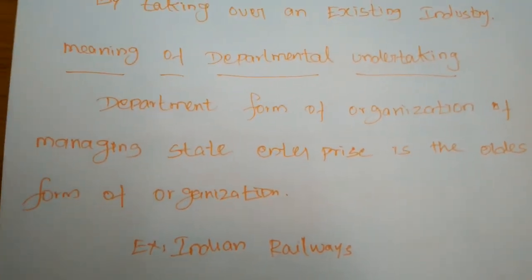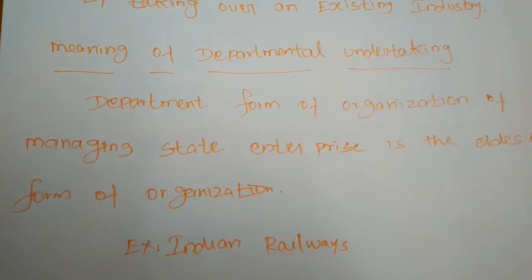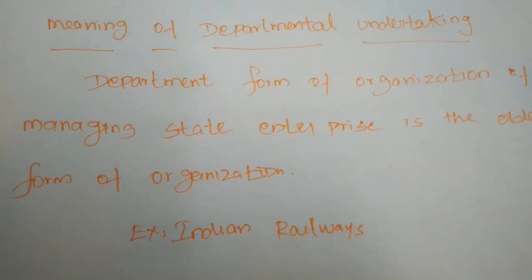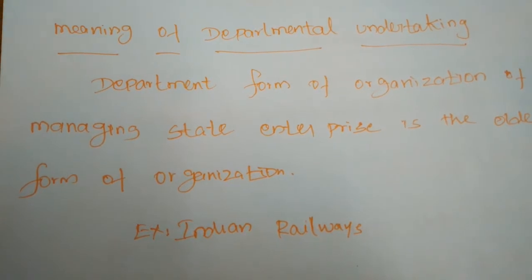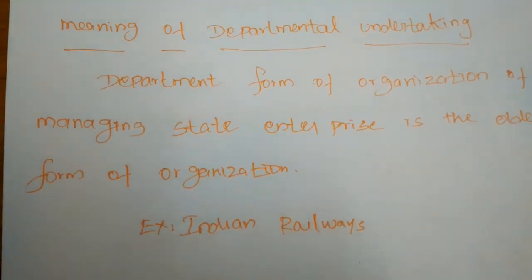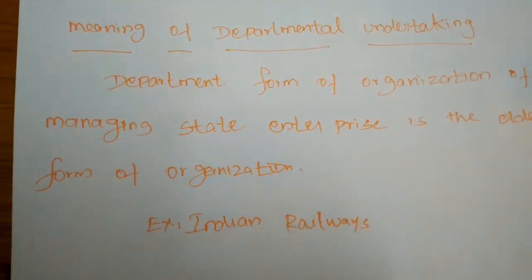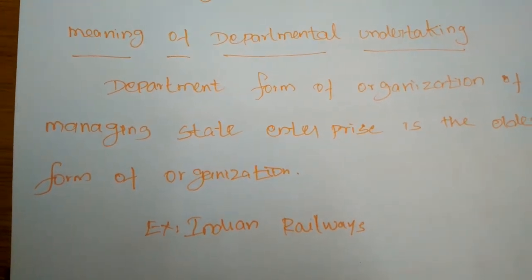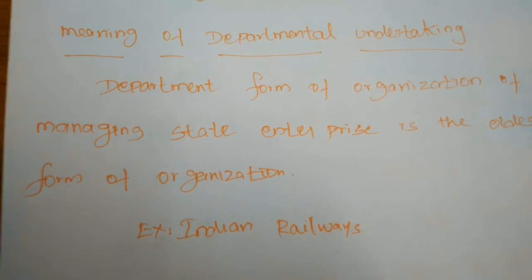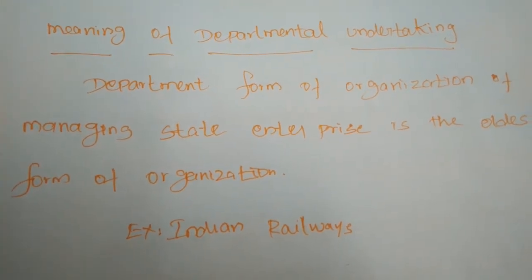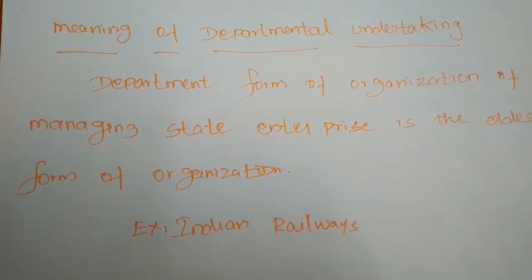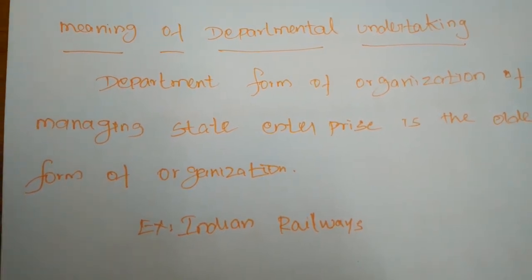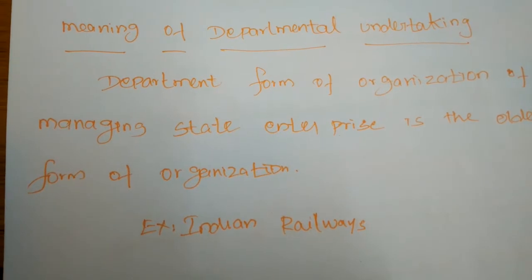Even in governmental organizations, many branches of government are undertakings. One of the government organizations is the departmental undertaking. The departmental form of organization for managing state enterprises is the oldest form. In those days, no distinction was made between the routine functions of the government and those of public enterprises.